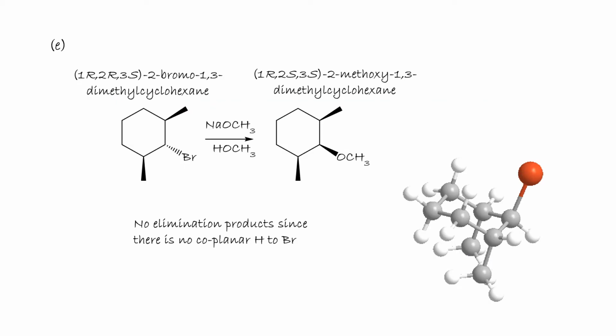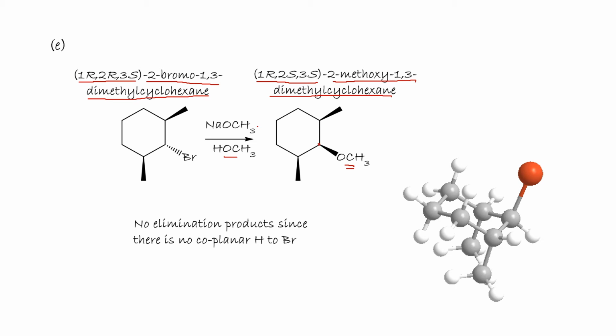Starting with 1R, 2R, 3S, 2-bromo-1,3-dimethylcyclohexane, reacting this molecule with sodium methoxide in methanol, the only product is the SN2 product, the formation of 1R, 2S, 3S, 2-methoxy-1,3-dimethylcyclohexane.